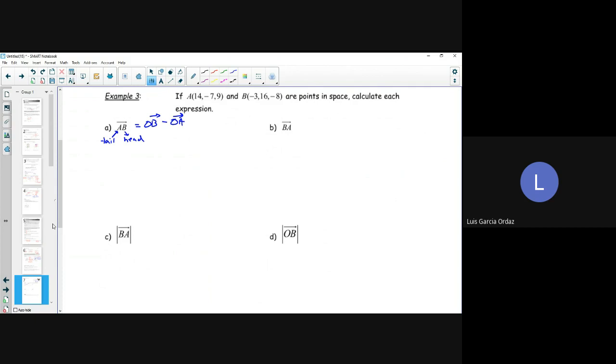It is going to be (-17, 23, -17). Perfect. Now I want you guys to do the same thing to find vector BA. So again, this is just OA minus OB. So if you guys can do the vector subtraction, what is my vector BA? What is that going to give us?